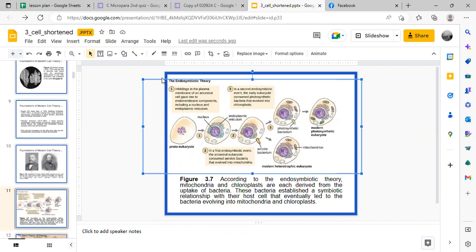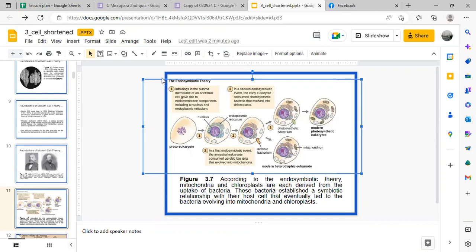So, wala pang mitochondria nun. Na-absorb ng cell yung aerobic bacteria, and the aerobic bacteria had a symbiotic relationship with the host cell. Okay? So, over many years, over millions of years, naging part na siya ng eukaryotic cell. Okay? So, that's the first endosymbiotic event.